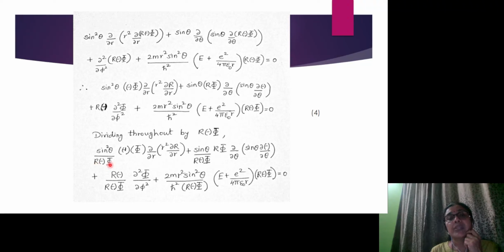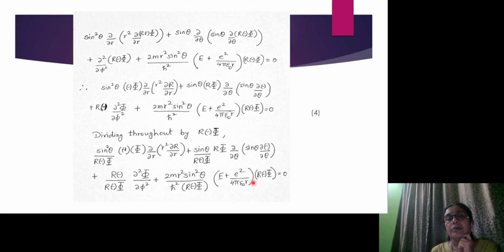Similarly in the second term, this r into phi will get cancelled, only theta will remain here, and here just phi will remain in the denominator, r and theta will get cancelled. Here this r theta phi will get cancelled.